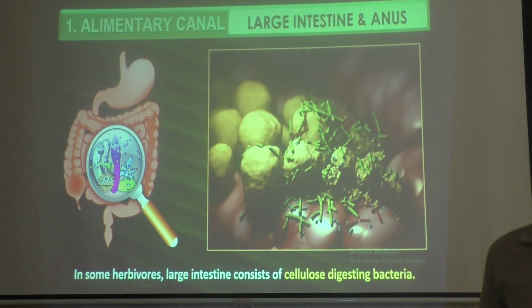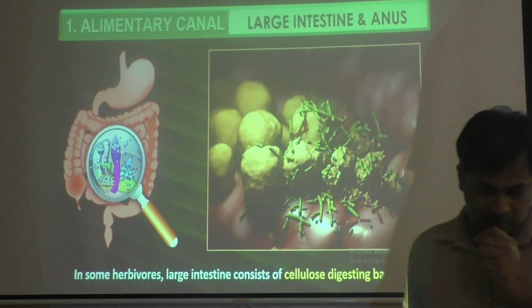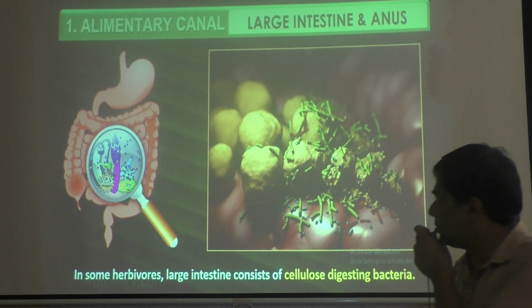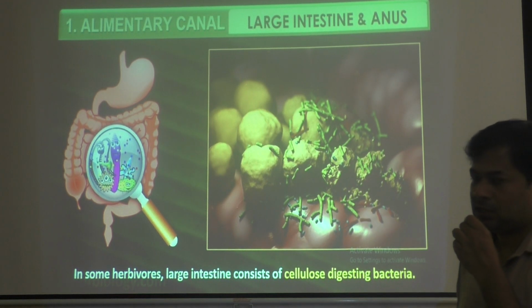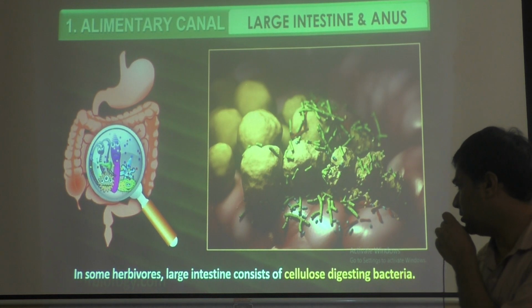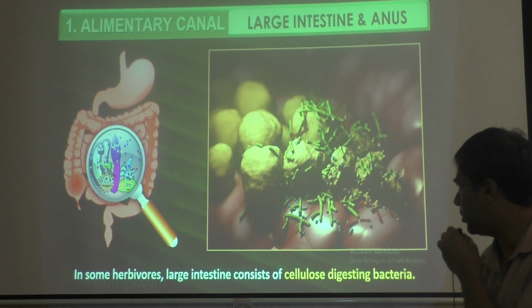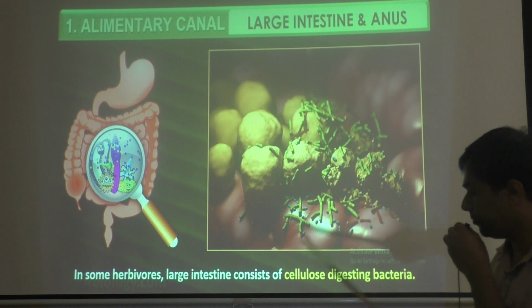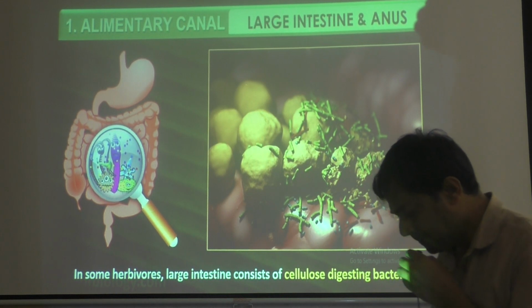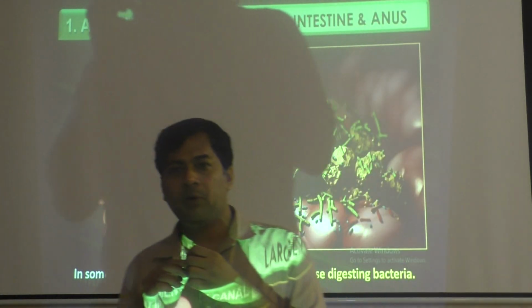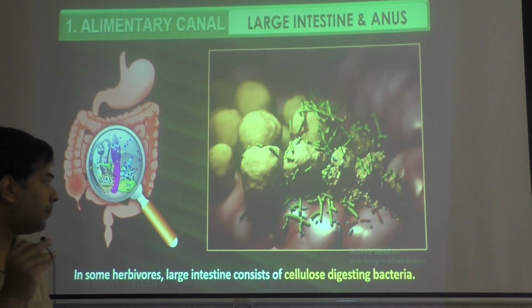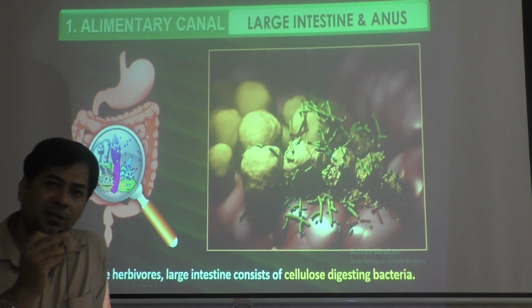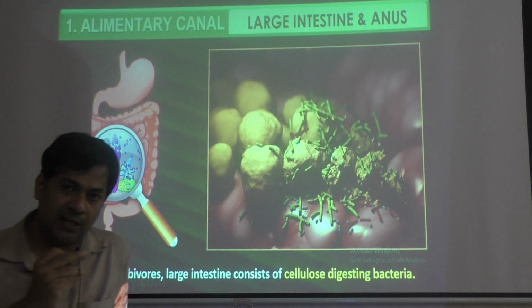Then you can see the large intestine, what I was talking about. In some herbivores, means some animals which eat plants, the large intestine consists of cellulose-digesting bacteria. You can see there, here they are showing, because in herbivorous animals, especially cows, goats and all, cellulose-digesting bacteria will be there because they eat plants directly.